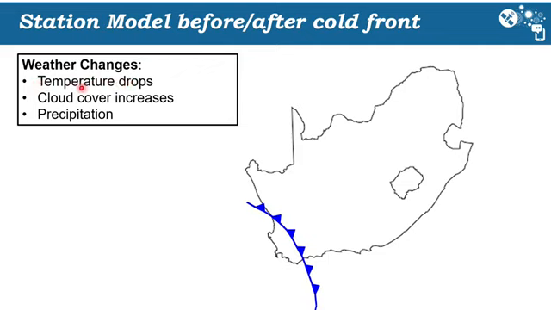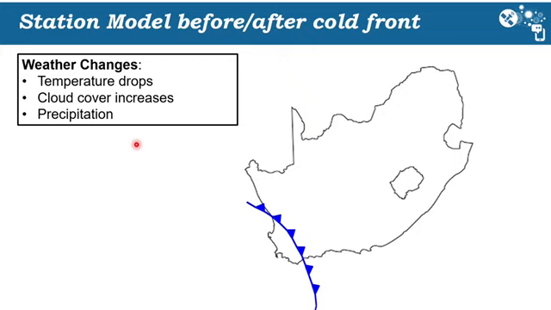In other words, it will become colder, there will be a decrease in temperature. There will be an increase in cloud cover, there will be more clouds in the sky, and precipitation will occur. In other words, it is going to rain. Those are the weather changes that can be expected when a cold front is going to pass over.